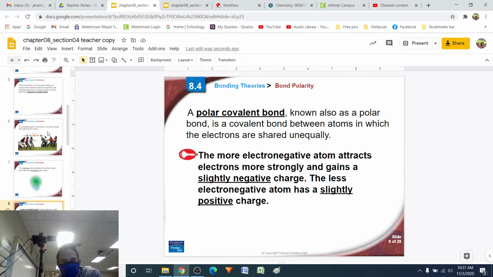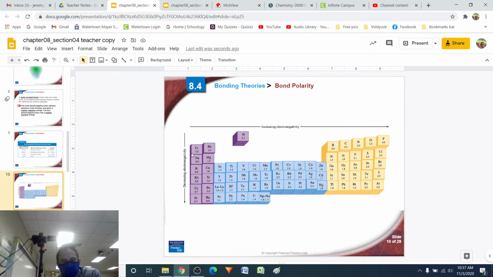So if something has a very high electronegativity value, then it really, really wants electrons. It will pull those electrons towards it. And if something has a very small electronegativity value, that means that it doesn't want electrons. It will kind of push electrons away.